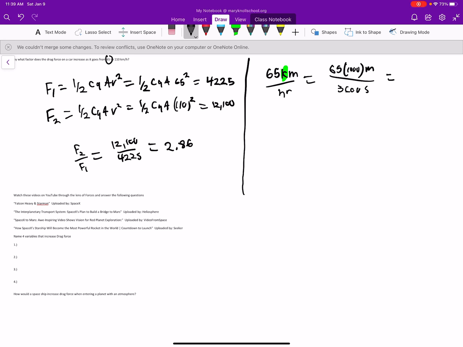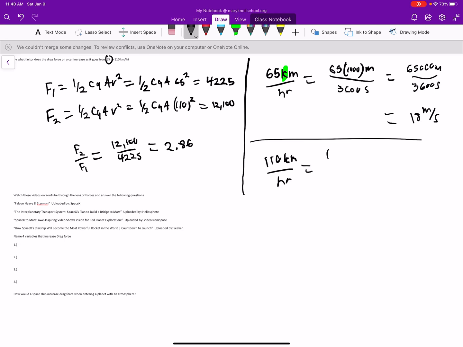So 65,000 meters per 3,600 seconds, which is going to be 18 meters per second. All right, next one. So 110 kilometers per hour.